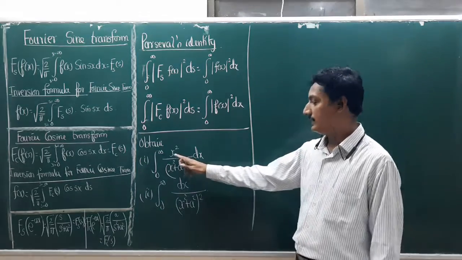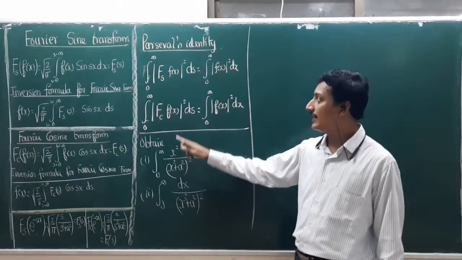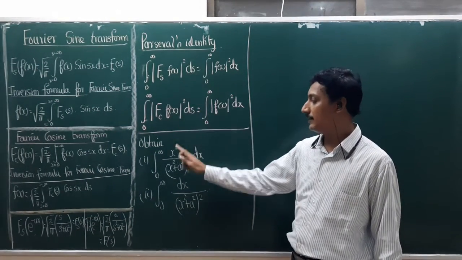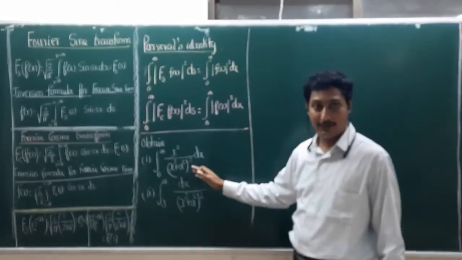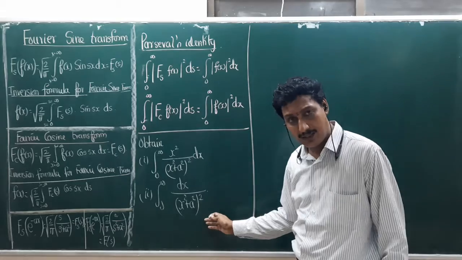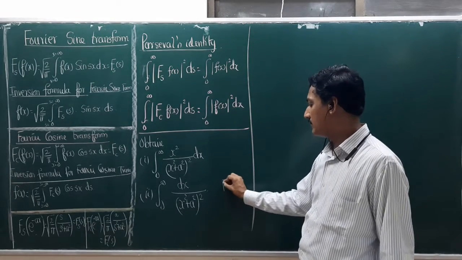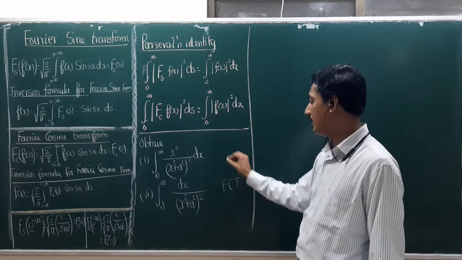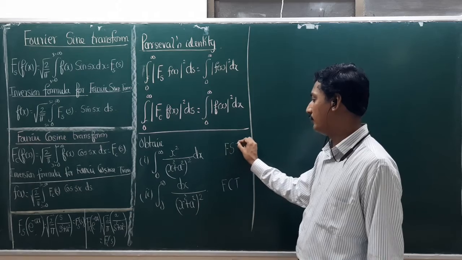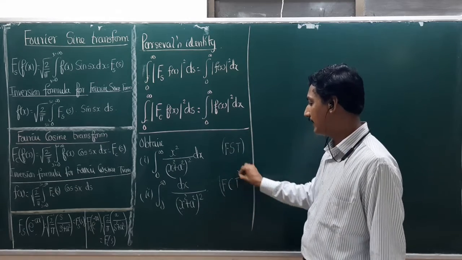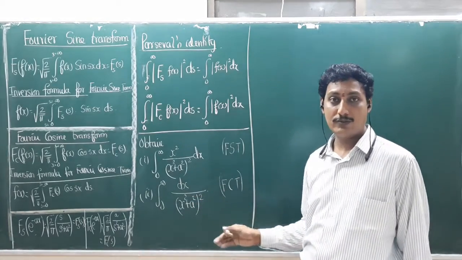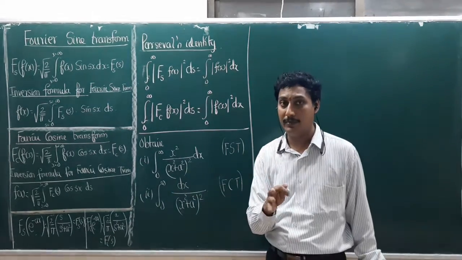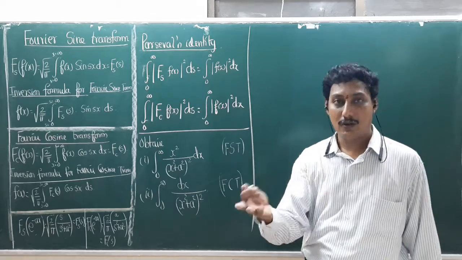So you can apply the Fourier sine transform; when you square it, this becomes x squared. Here s is the variable, here x is the variable. For the other integral, we apply the Fourier cosine transform. So for this we use the Parseval's identity for the Fourier sine transform, and for this, the cosine transform. The question does not mention anywhere using the Fourier transform.